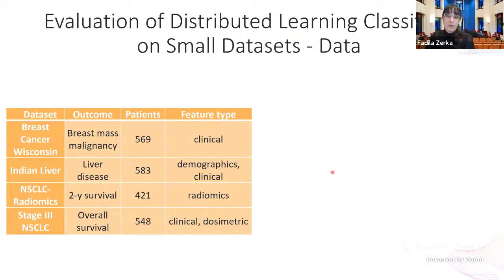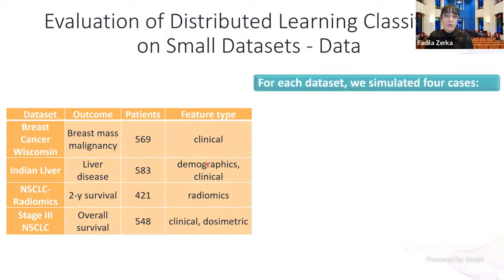We further evaluated distributed learning classifiers on small sets of data to uncover the potential of distributed learning in the case of rare diseases. Here we used 4 open source datasets comprising different features such as clinical, demographics, radiomics, and dosimetric. For each dataset, we simulated 4 use cases.